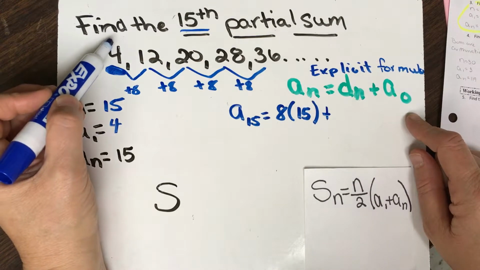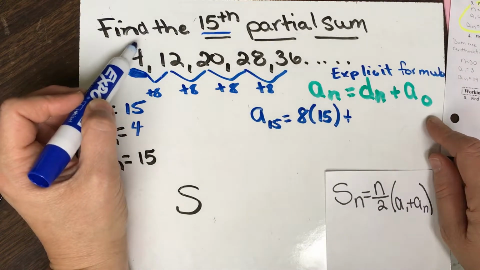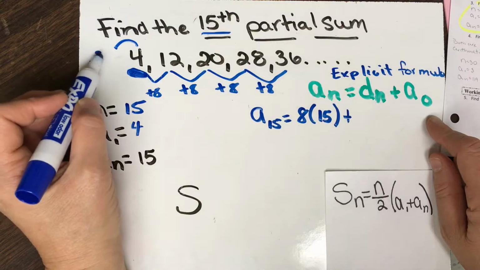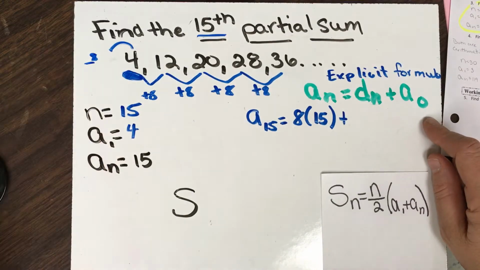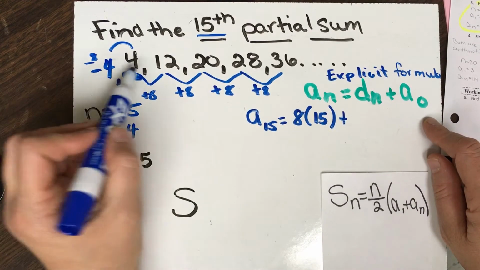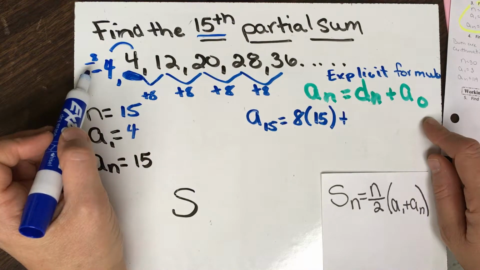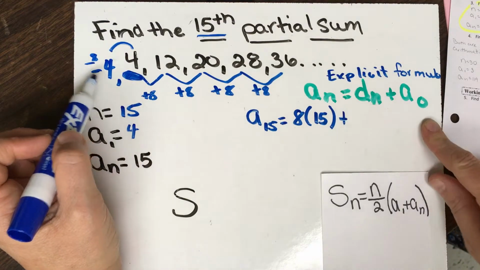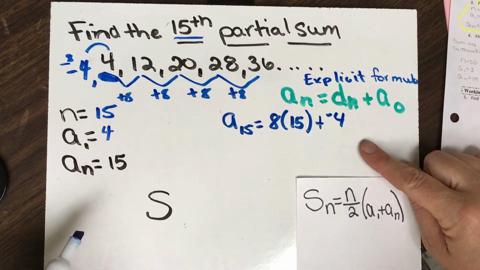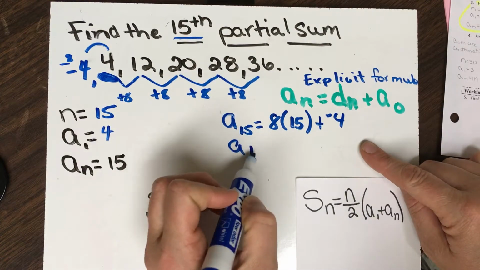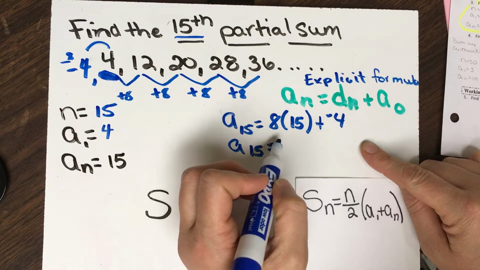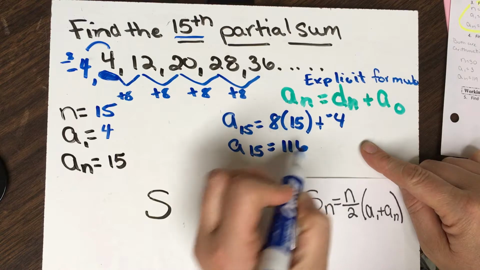So to find A sub 0, just a little review, we go backwards with a pattern. So it was plus 8 going this direction, it's minus 8 going that way. So we know that that piece is negative 4. If we went this direction in our sequence, our next piece would be negative 4. So that comes to here. When we work that out, A sub 15, or the 15th term, is 116.